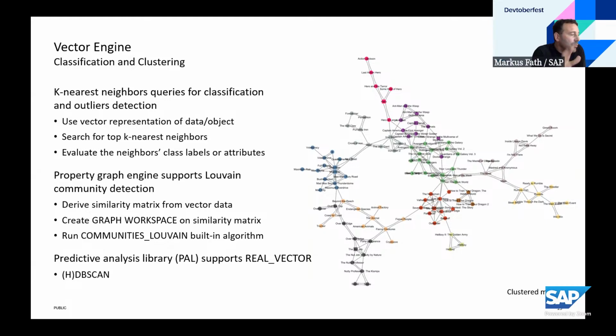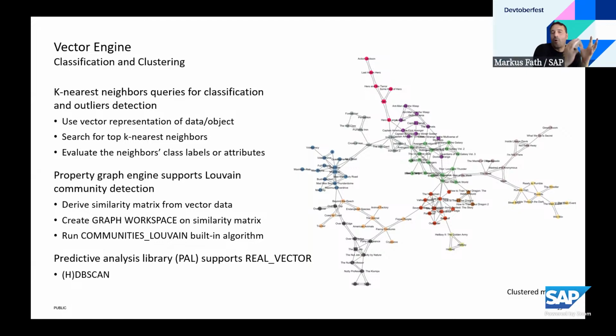One nice way to run clustering is by using the built-in HANA Cloud Property Graph engine and its community detection algorithm. The way this works is that you would run multiple k-nearest neighbor vector searches in order to derive a partial similarity matrix.